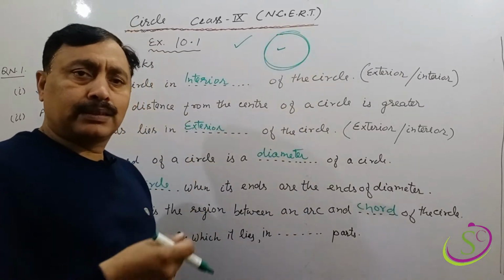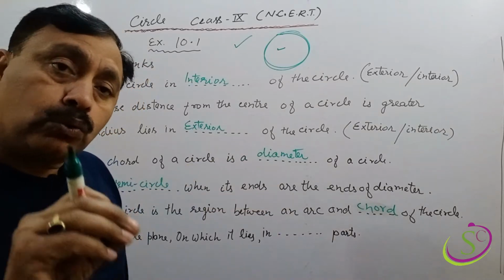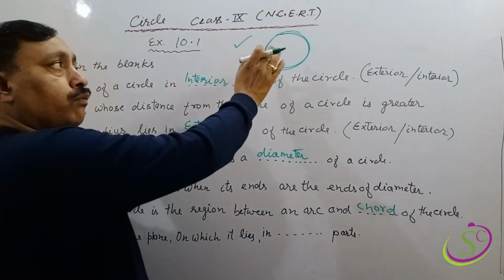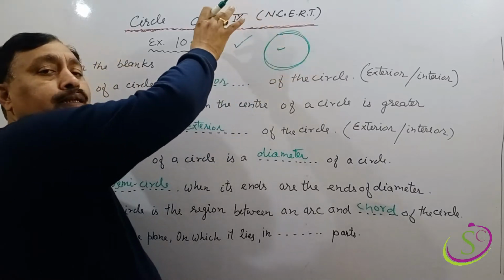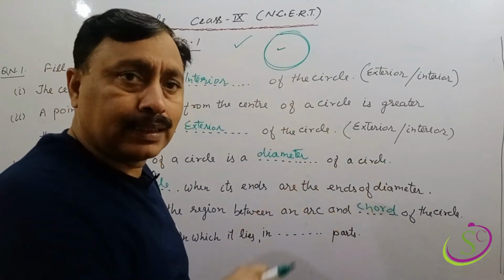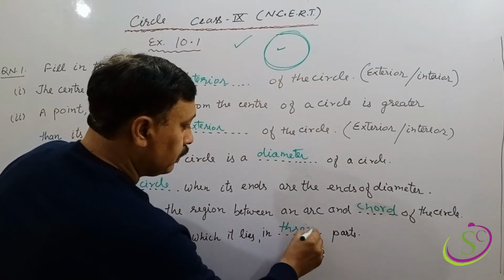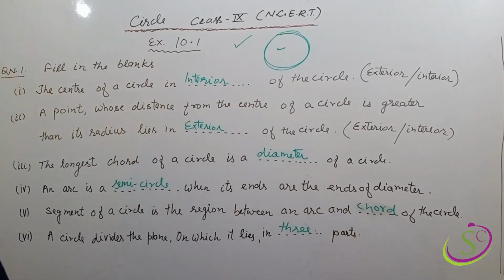So we can say that a circle divides a plane into three parts: one is the interior of the circle, one is the exterior of the circle and one is on the circle. Clear? So here 3 will come. Is it clear? So do it.